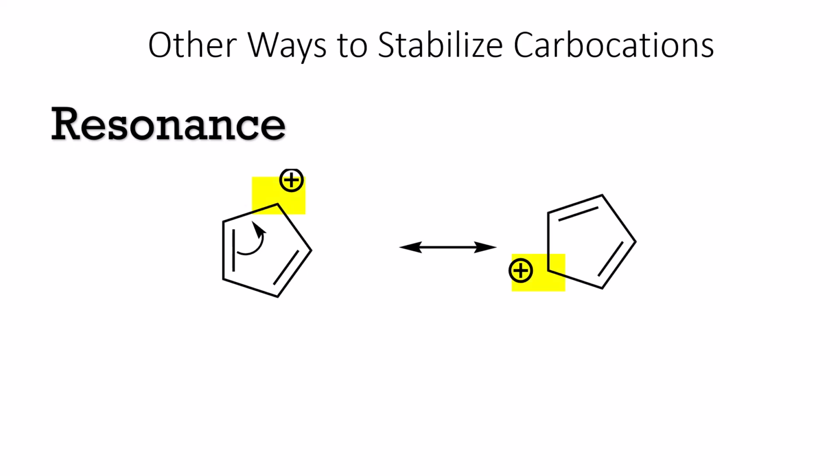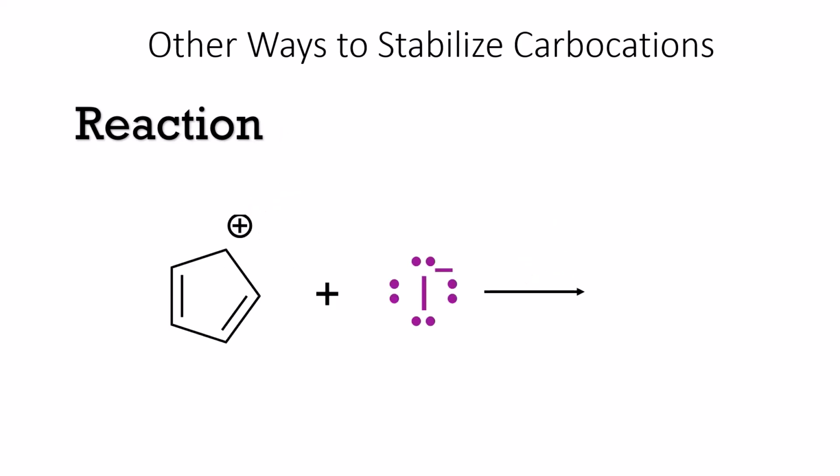So resonance allows me to share that charge over multiple atoms, thus stabilizing it. Or I can just do a reaction. I can take the carbocation and react it with a nucleophile. Give it some electrons, form a bond. Everything is neutral. Everything has a full octet, and you're done.